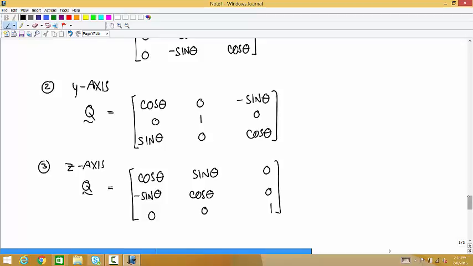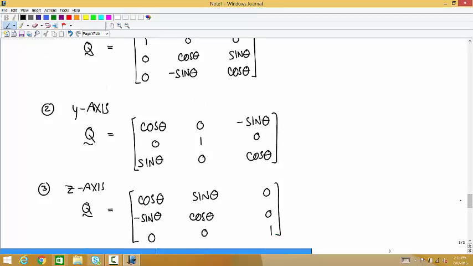And notice that the form looks pretty similar for all of them. You have whatever axis you're rotating about, that entire row and column are zeros except for that axis. And then in the other ones, you have a cosine, a sine, and a cosine.